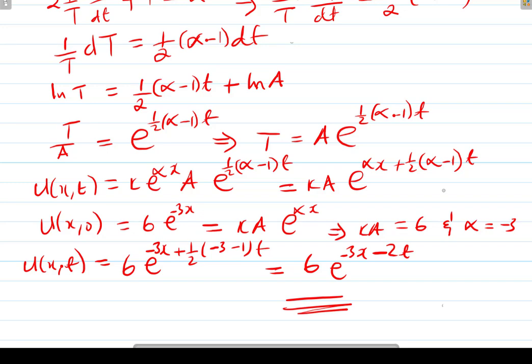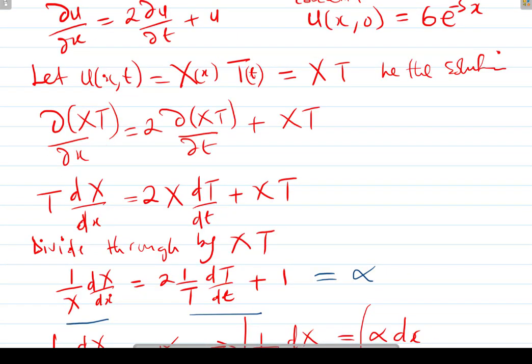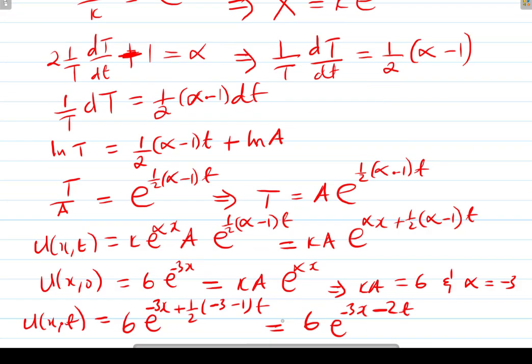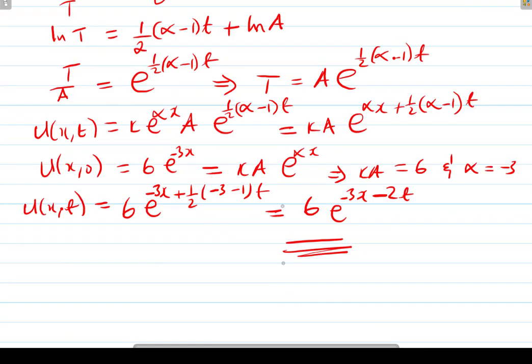So you see that solving this is not that complicated. Of course, it may look like there's a lot, not very much, but it's something that is easy to follow. And then you find the answer to be this one.